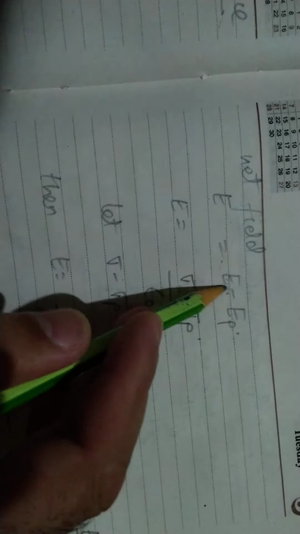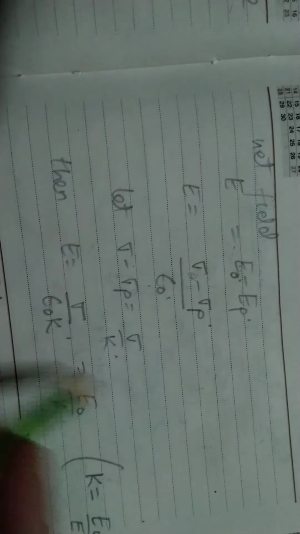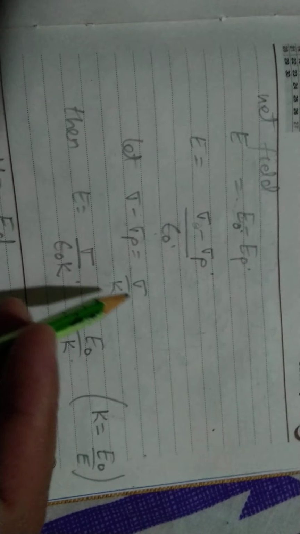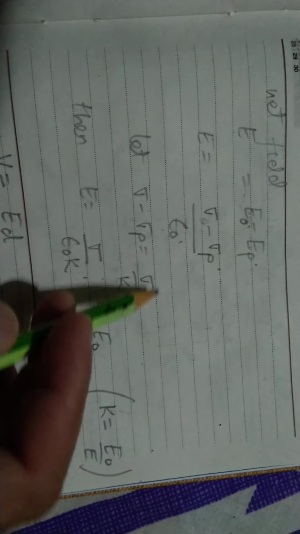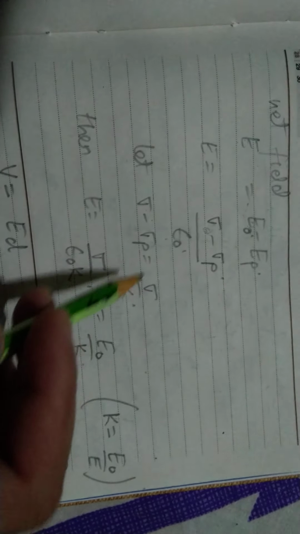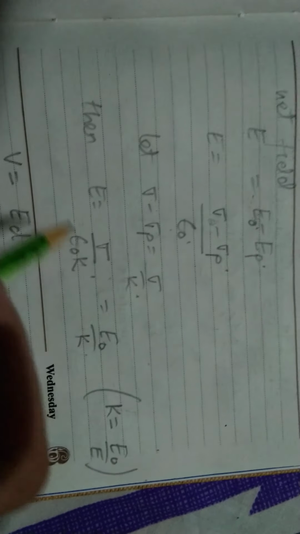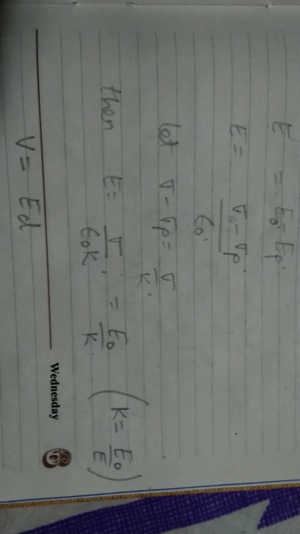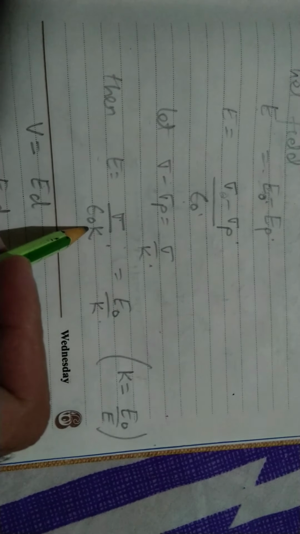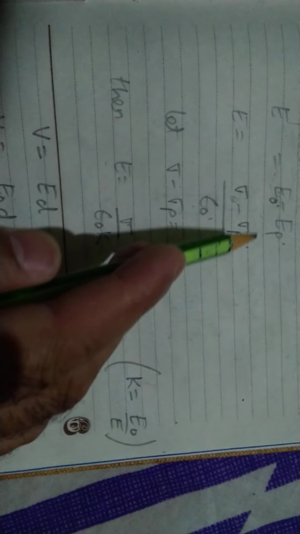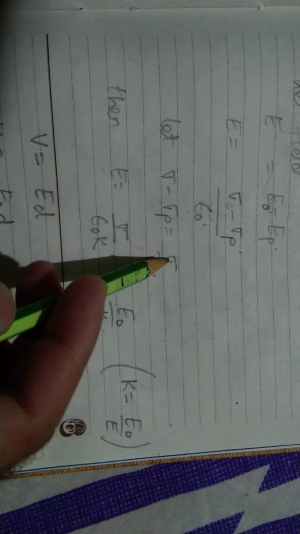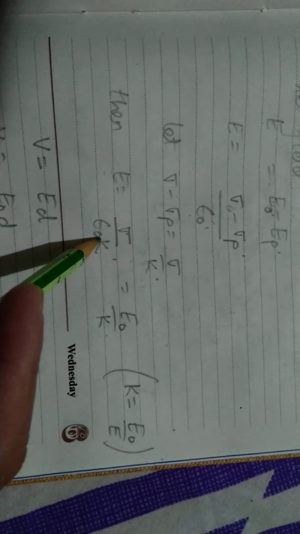Let us assume sigma minus sigma P is equal to sigma over K, that is, there is some ratio K between sigma and sigma minus sigma P. Then E is equal to sigma over epsilon naught K, so we get the net field as this.